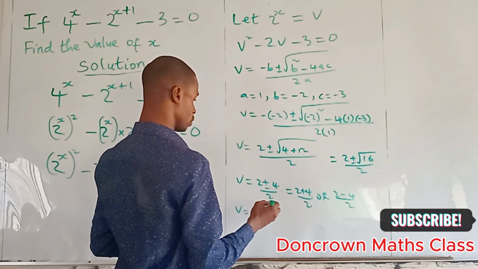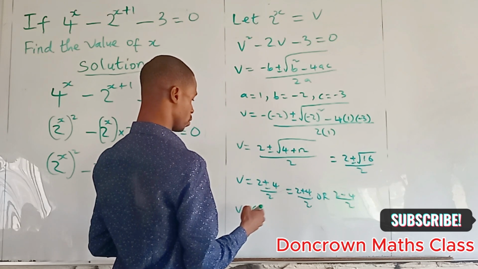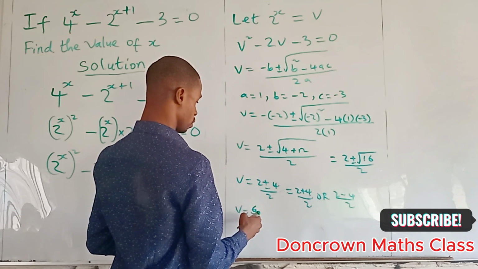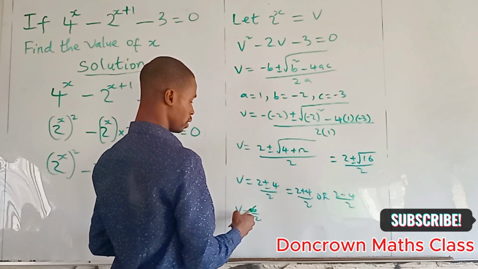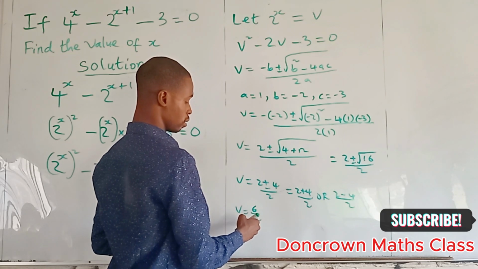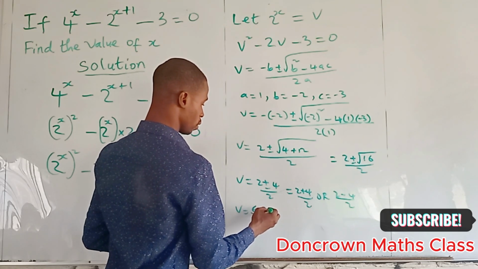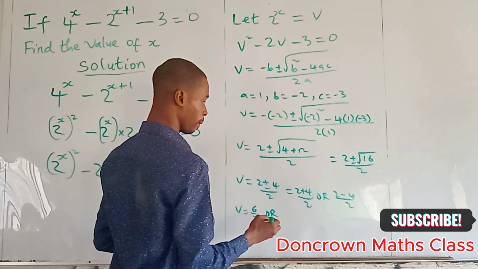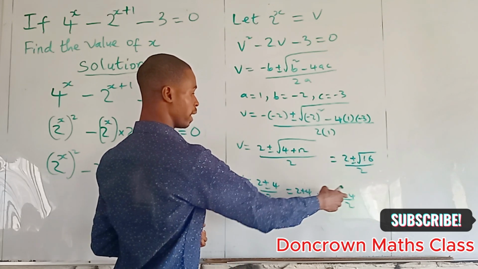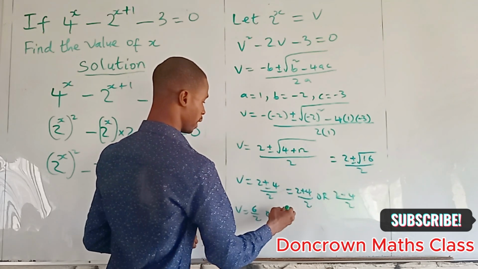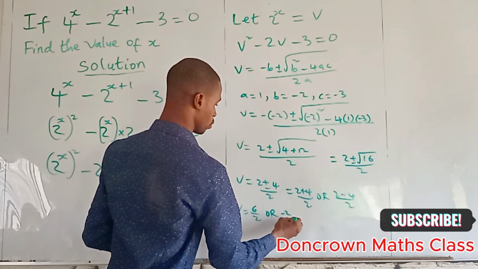You get that now? So v is equals to 6 all over 2, or now 2 minus 4 will give us minus 2 over 2.